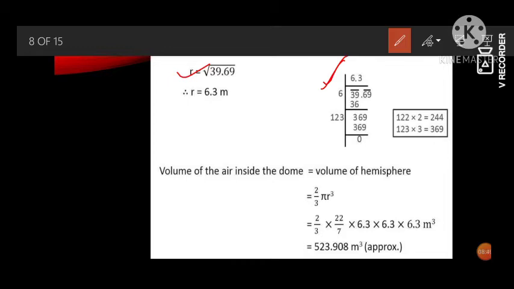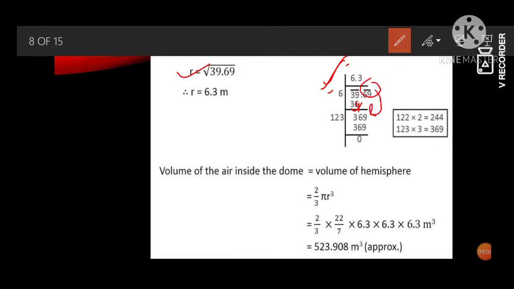So first pair number will be 69 and then we will get 36. Now the nearest perfect square to 39 is 36. So we will write 6, and in the quotient also we will write 6. So 6 6s are 36. On subtracting, we will get 3 down. So here is our 3. After that 69 will also come down.